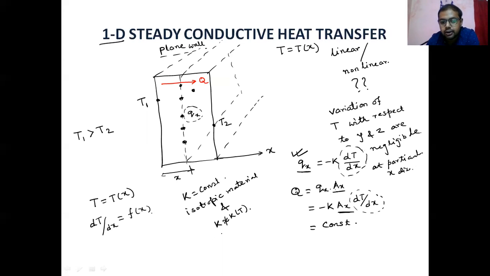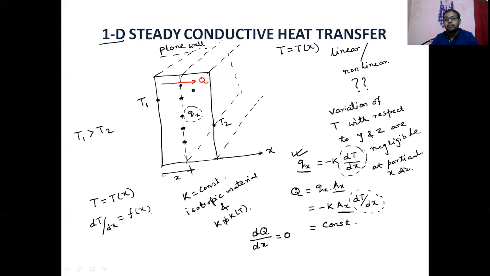As the entire Q is a constant, we can say that the variation of Q with respect to x is equal to 0. That is a constant. Mathematically, we can also prove it.